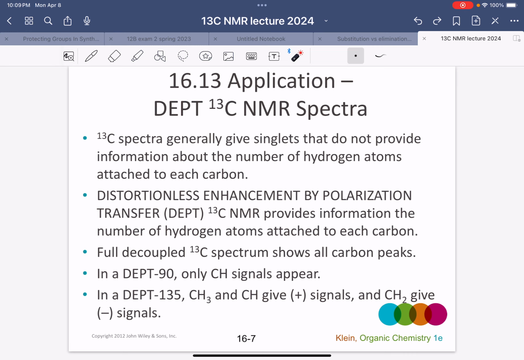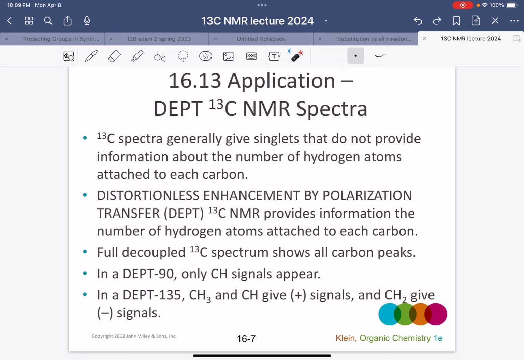All right. So in the DEPT experiment, we'll run several spectra. The first one is fully decoupled, which shows all the carbon peaks. The next one is what's called DEPT 90, and the 90 refers to the duration of one of the pulses for acquiring the spectrum.